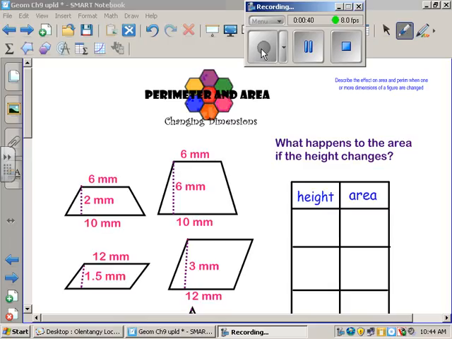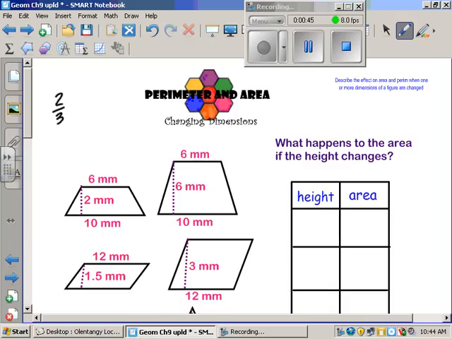So if the ratio of the sides was 2 over 3, the ratio of their perimeters would be 2 over 3, the ratio of their areas would be 4 over 9, and the ratio of their volumes would be 8 over 27. Perimeter, area, volume. So we're going to talk about that with respect to the areas of figures.